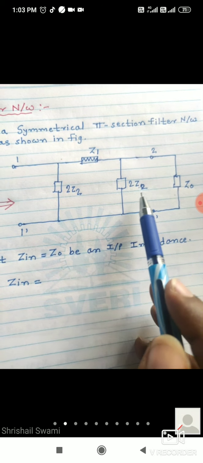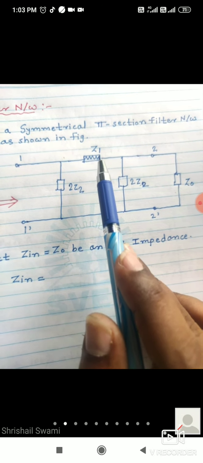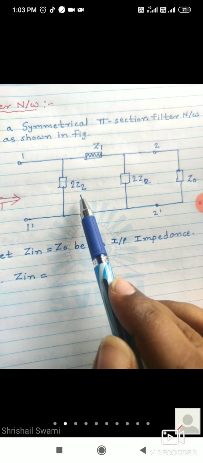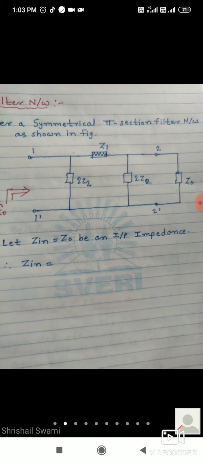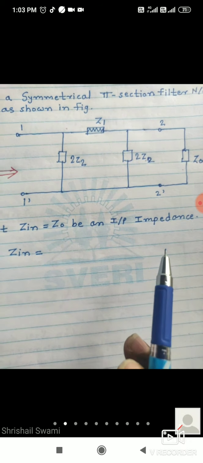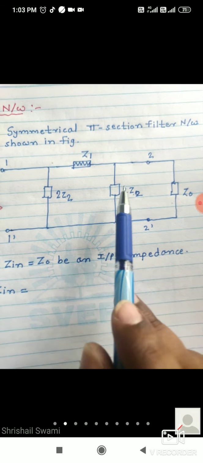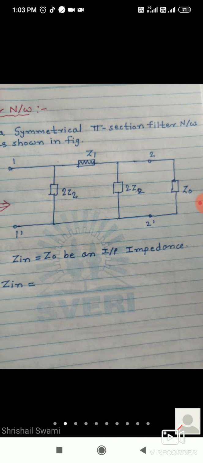These two are connected in parallel, that is connected in series with Z1, then that is again connected in parallel with 2Z2. So it is difficult to calculate now. The derivation is somewhat complicated, but it is easy to understand. If you are perfect in finding the equivalent impedance, you will not get a problem here.